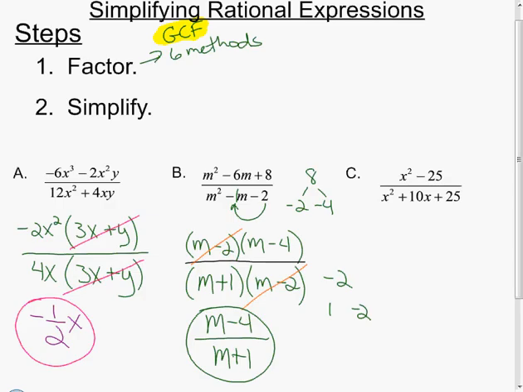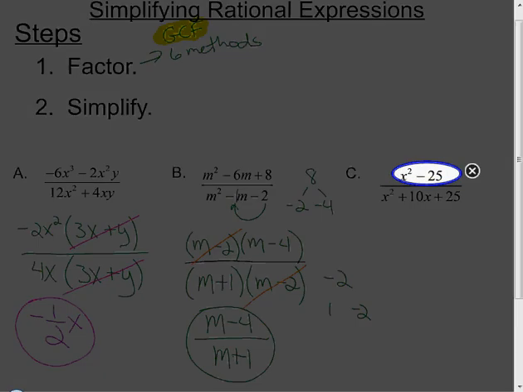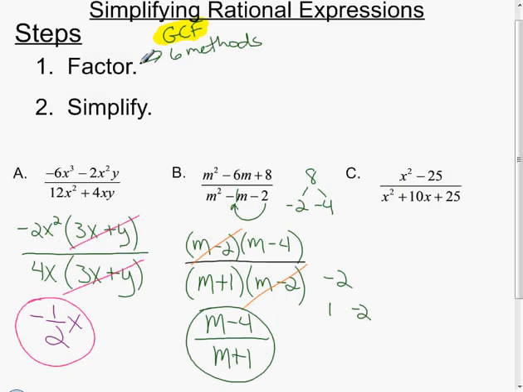So as I took a look at just trying to factor the numerator, I see that it is a difference of 2 squares, which is just a special pattern, which is quite easy, of knowing that it can be factored into the product of the sum of the square roots and the difference of the square roots. So the square roots of x squared are x and x. 25, it's 5 and negative 5.